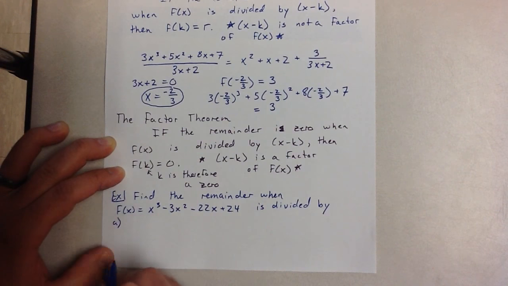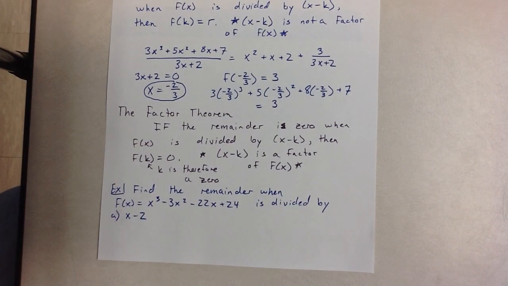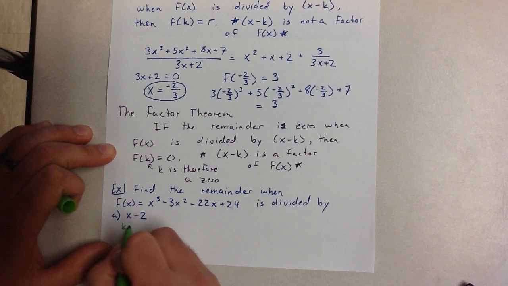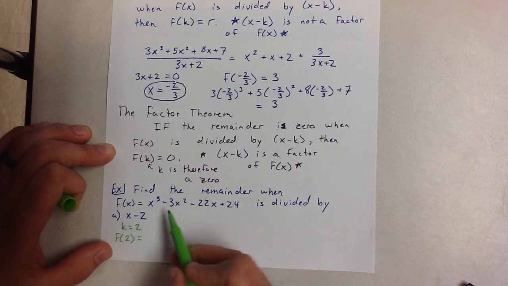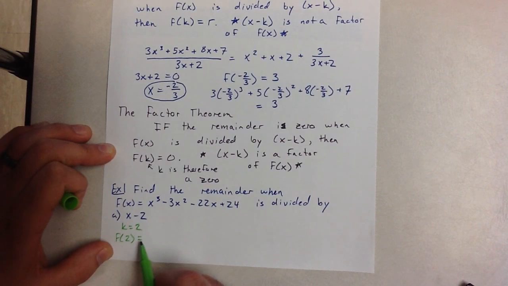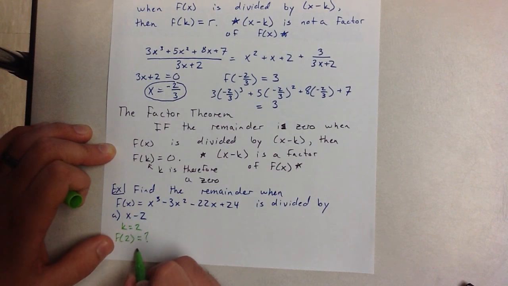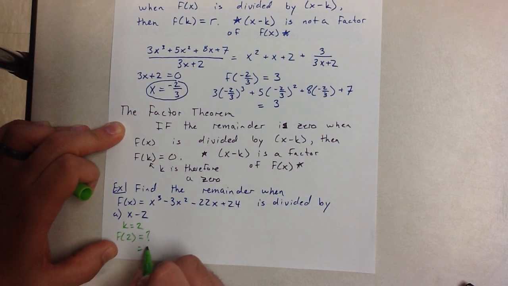Let's divide this function first by x minus 2. What we are saying in the remainder theorem is we can take the k here, which would be positive 2, place it into the function, and what we get as a result will be the remainder when we divide by this factor. You can do this yourself. You should find that the remainder is negative 24.